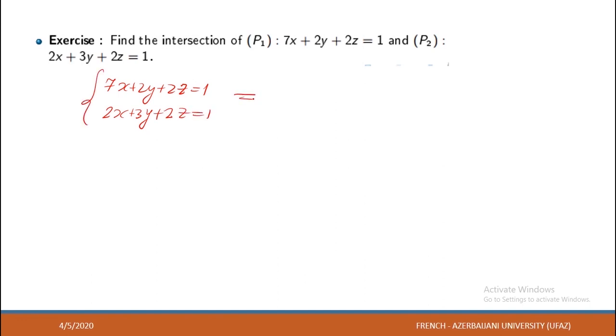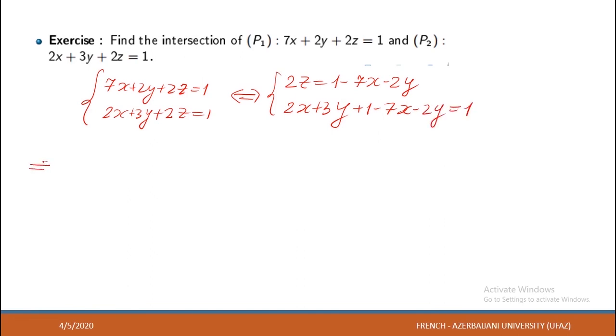From here, if we look at the first equation, 2z will be 1 minus 7x minus 2y. If we write this expression instead of 2z in the second equation, it will be 2x plus 3y plus 1 minus 7x minus 2y is 1.